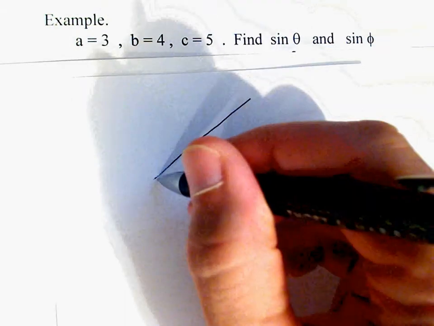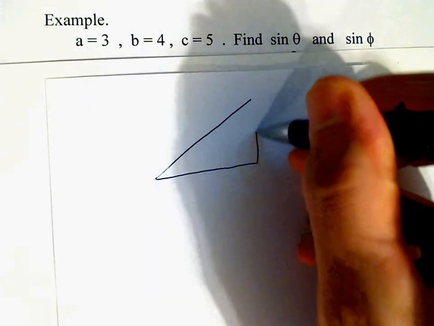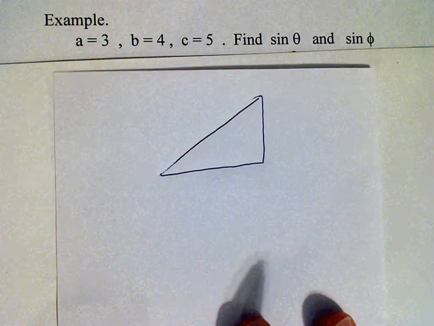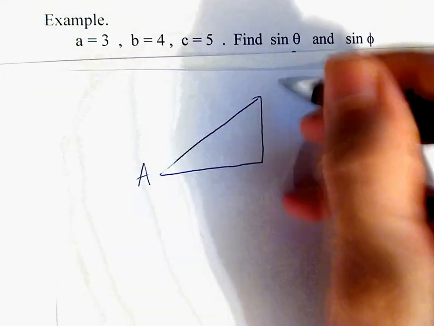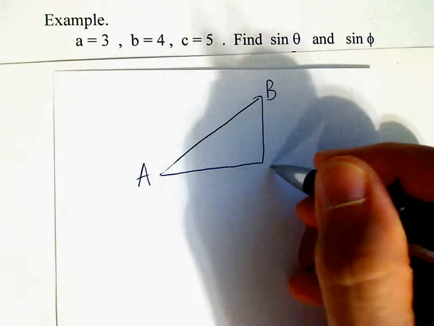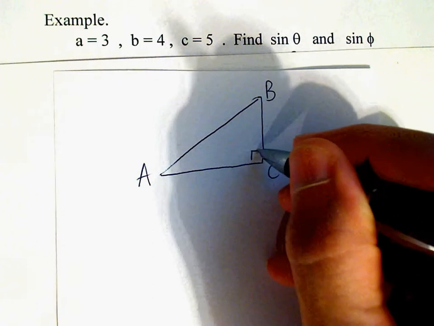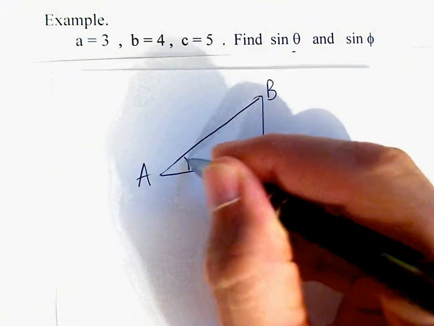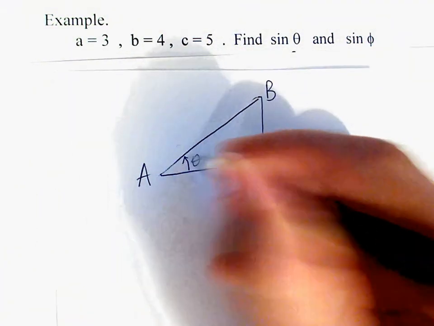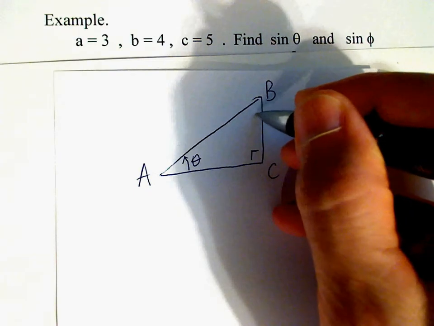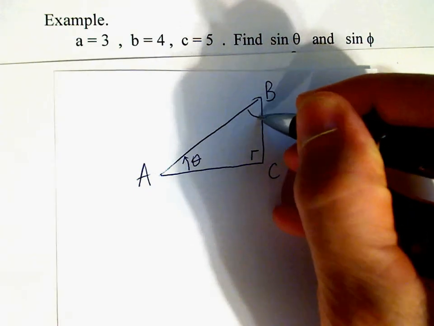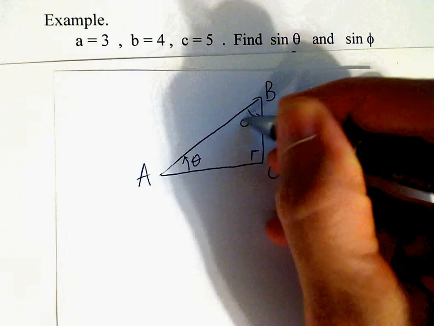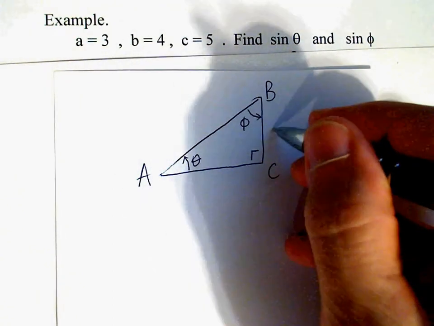Let's get our diagram again. Okay, so here's angle A, angle B, and angle C, which is the right angle. And the measure of angle A is theta. Measure of angle B is phi.